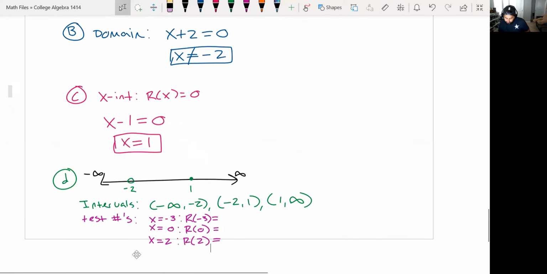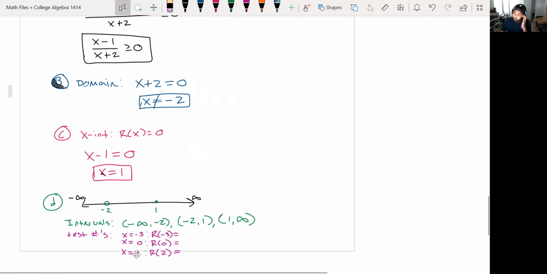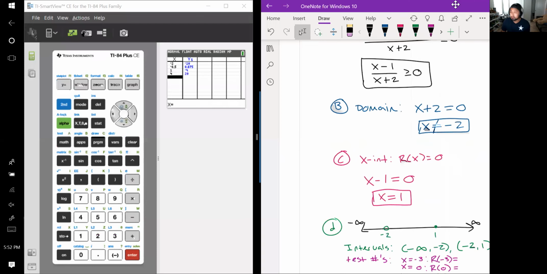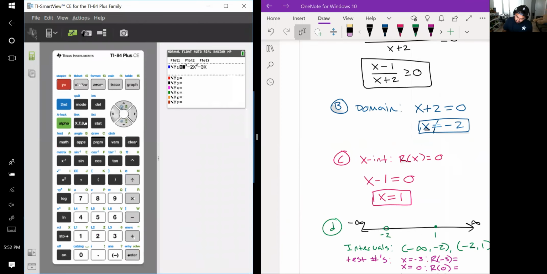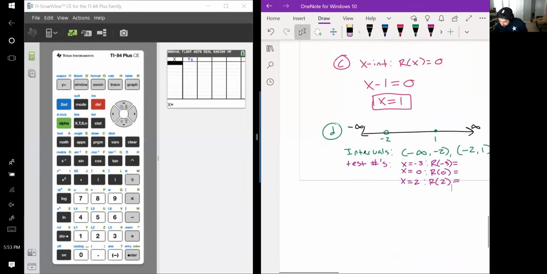And let's just go back to our handy dandy calculator and type in the function there. I'll just do classic input, x minus 1 over x plus 2. Don't forget your parentheses. Enter, second graph, delete, delete, delete, delete. And let's see.